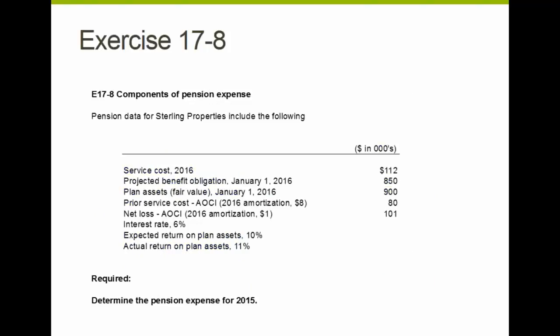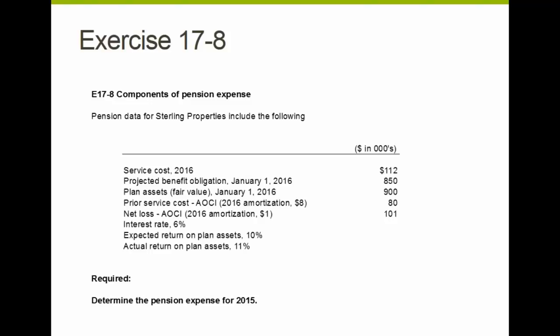Components of the pension expense. Pension data for Sterling Properties includes the following. We have service costs, $112 million, projected benefit obligation January 1st, 2016, $850. Plan assets fair value $900,000.